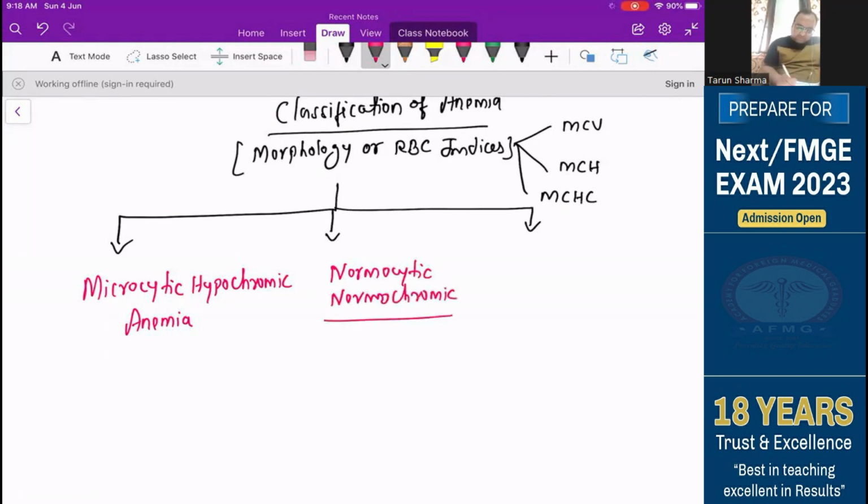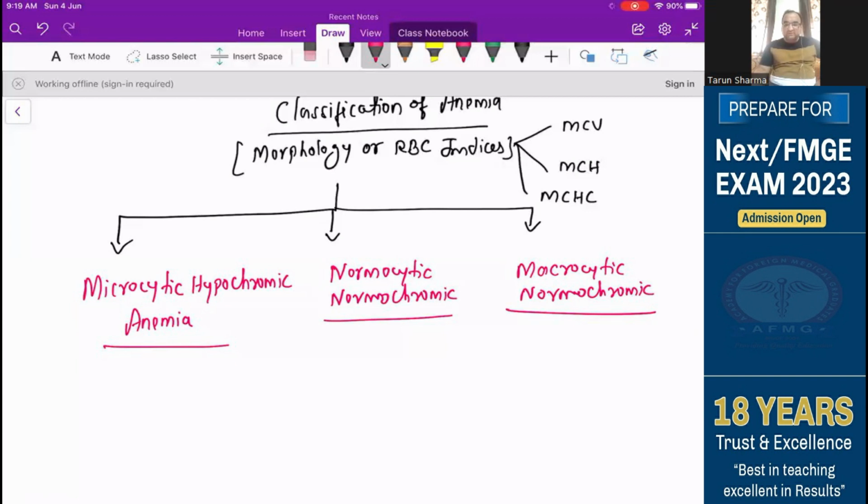And the third category would be macrocytic and normochromic anemia. It's important to see here that it is not macrocytic hyperchromic. Why? Because if it is hyperchromic, then how will it be anemia? So that's why the hyperchromia word is not encouraged here.